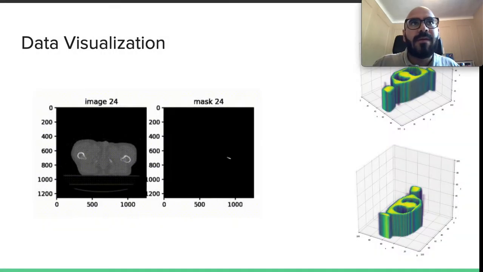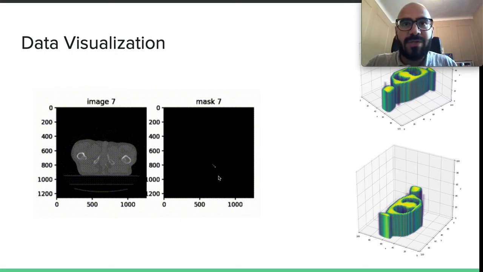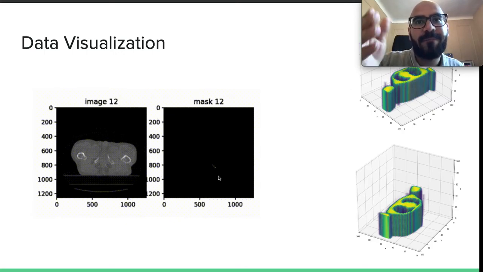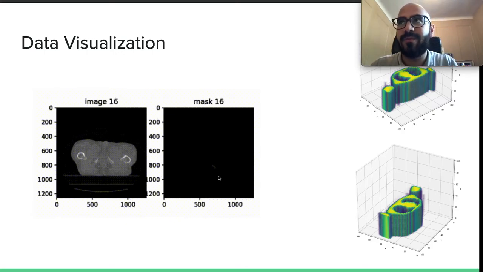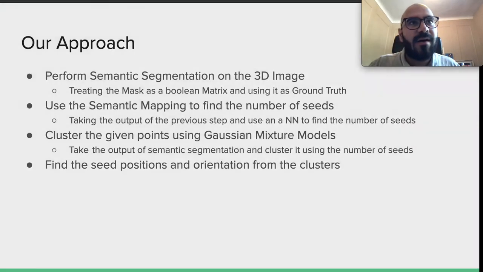To give you a good insight about what the problem is, you can see the CT scan images here on the left, and this is the mask in which the seeds are portrayed with white pixels. As you can see, it's pretty hard to detect where the seeds are planted just from the image. So it's not an easy task.